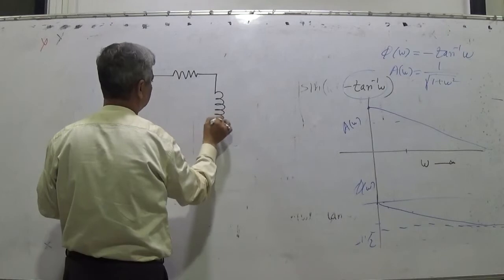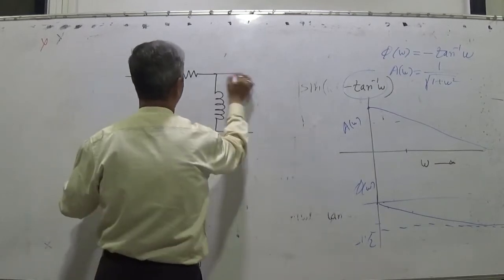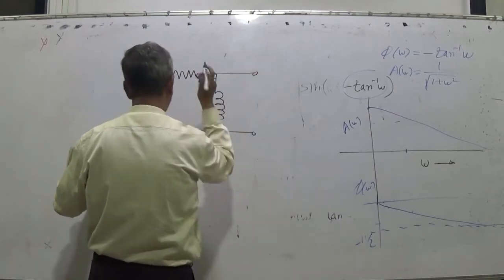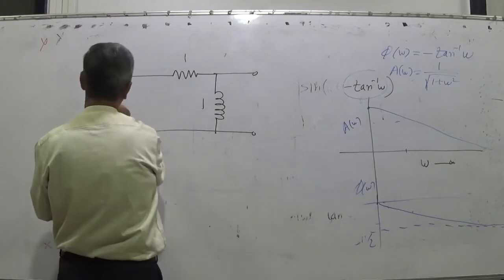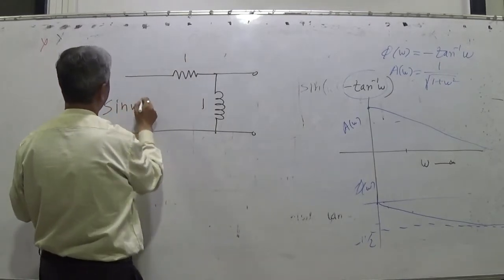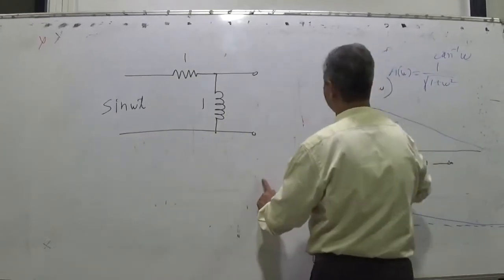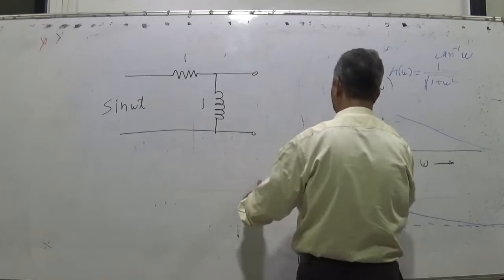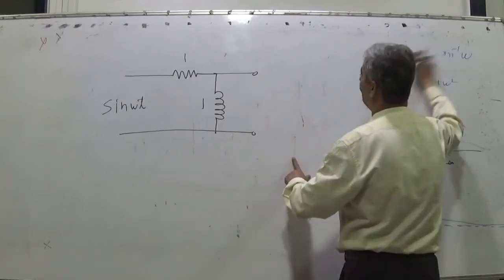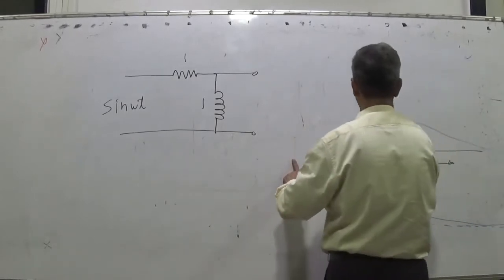So I now choose L for some specific purpose. We did not use it much, 1 and 1. And again sin omega t output we want to compute. Now again we apply the same logic. Impedance j omega L. L is 1, so j omega.